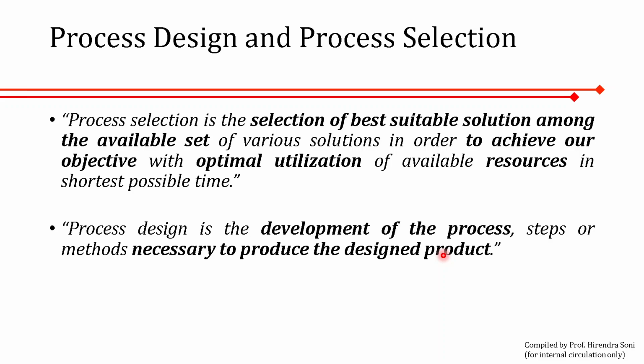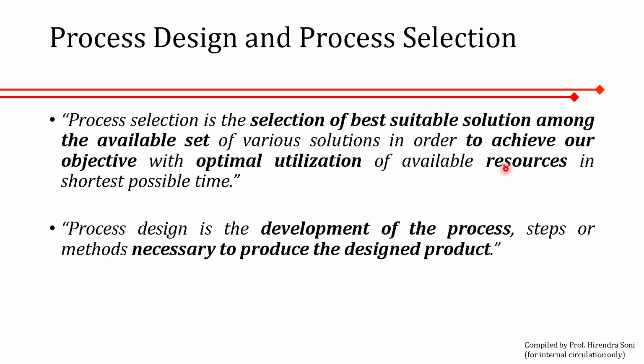So process selection is the selection of the best suitable solution among the available set of various solutions in order to achieve our objective with optimal utilization of available resources in the shortest possible time. The objective will always be to have the optimum utilization of resources, and your time is also a resource.